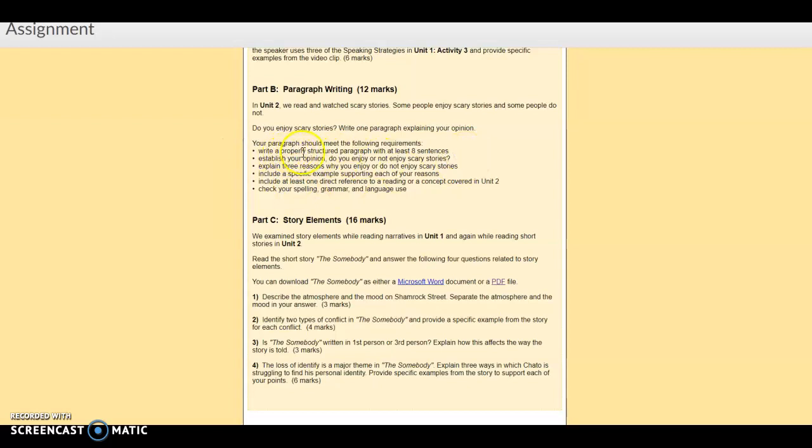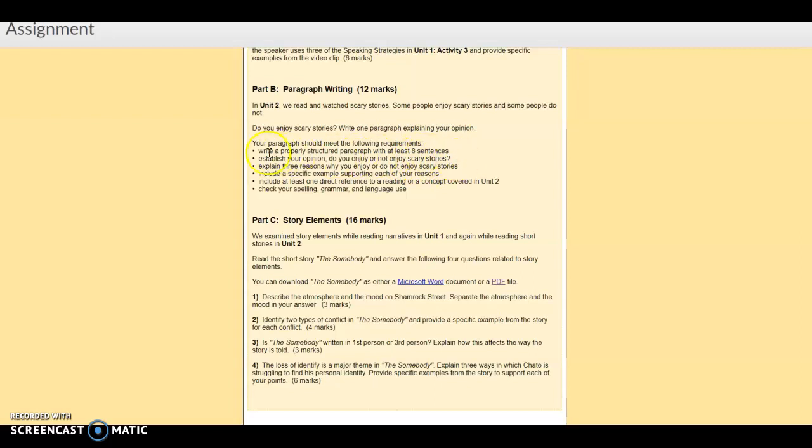Make sure you write a properly structured paragraph with at least 8 sentences. So you want a topic sentence, body sentences, and a concluding sentence. If you need help with the paragraph structure, you can always go back and look at Unit 1, Activity 1, where the paragraph structure was explained in the content. You need to establish your opinion. So do you enjoy or not enjoy scary stories?